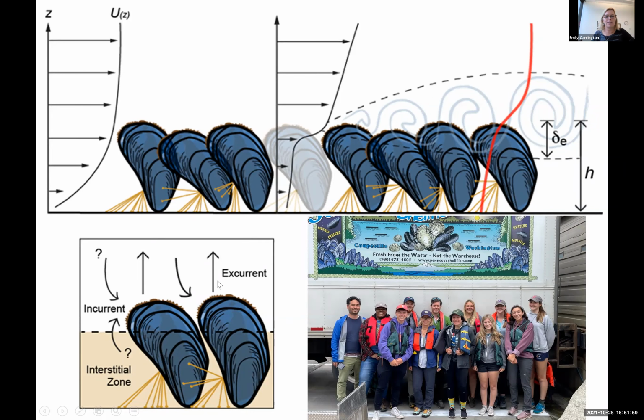We know a lot already about ex-current that mussels and other bivalves can make, but there's less known about the in-current, what their velocity rates are, and where they're actually drawing the water from, because we're going to have really different predictions if they are filtering from above or if they're drawing water from the interstitial zone, increasing the flushing rate.